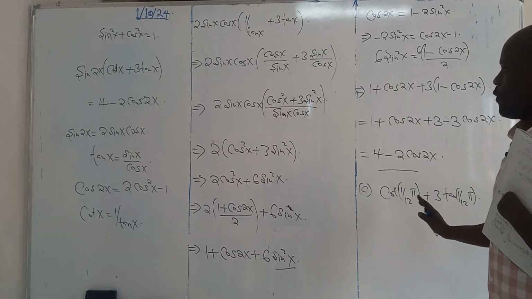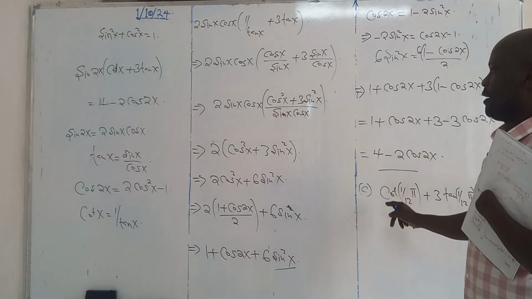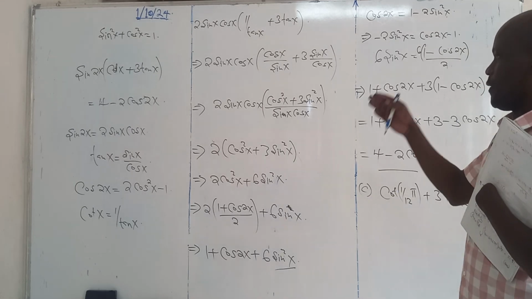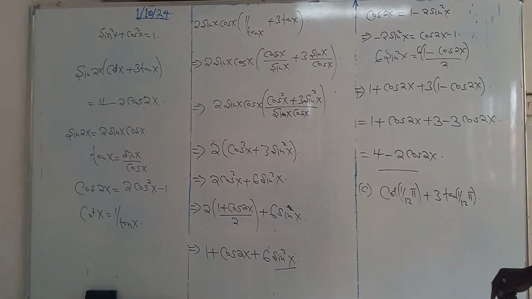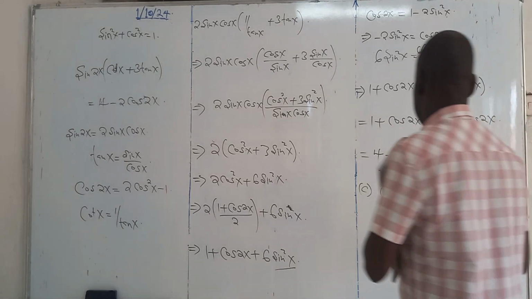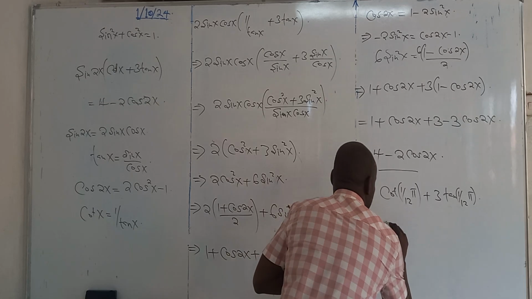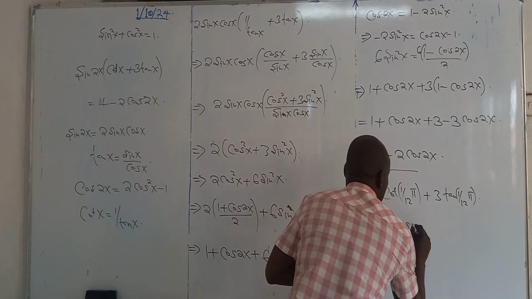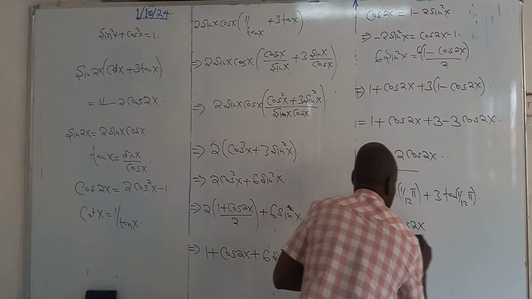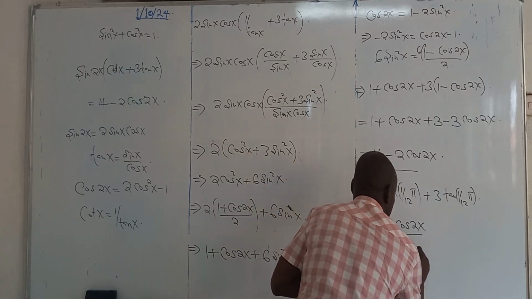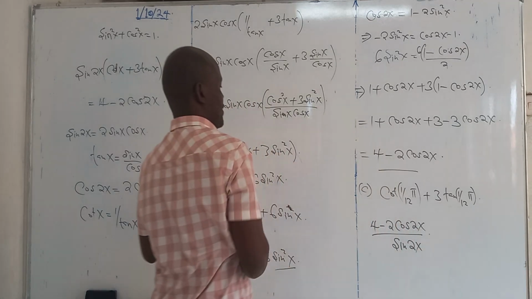But realize that now we just want the inner part, because it's just cot x plus 3 tan x. So we have not included the other sine 2x. So it means that for us to work out part B, it will be 4 minus 2 cos 2x divided by sine 2x.